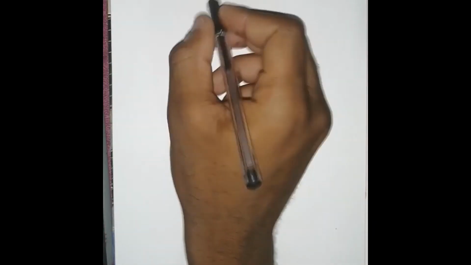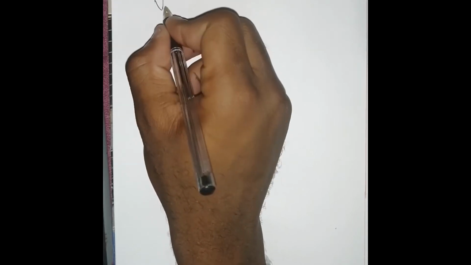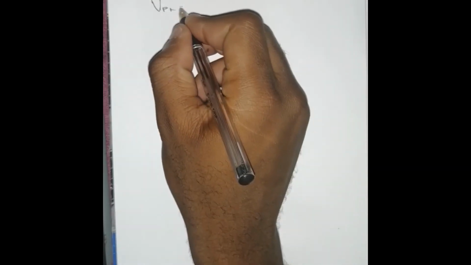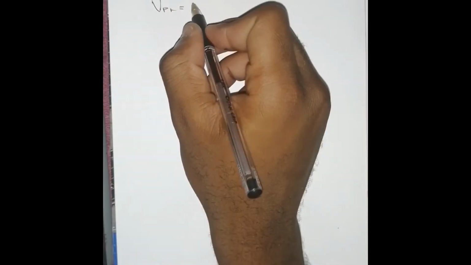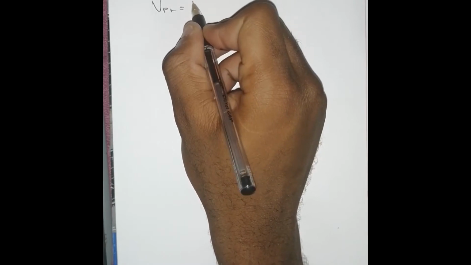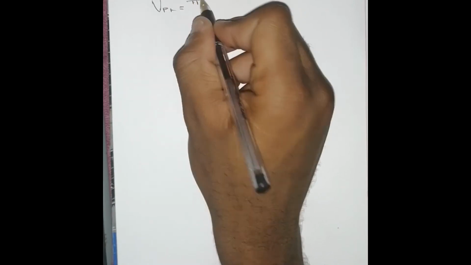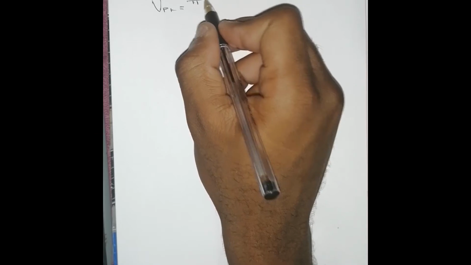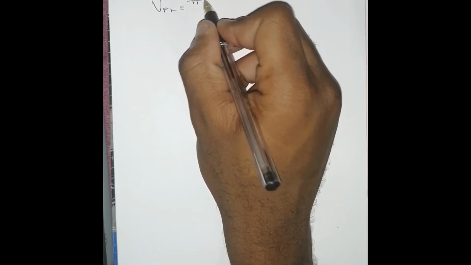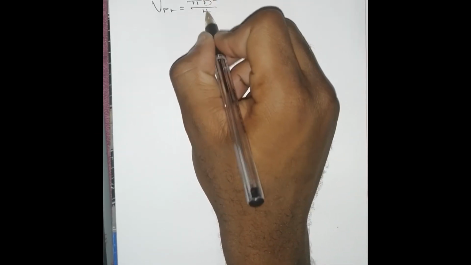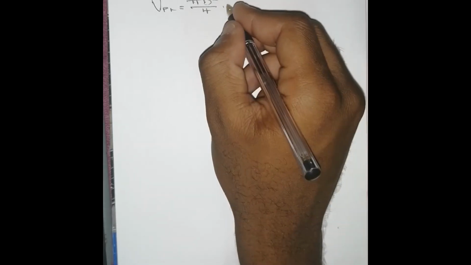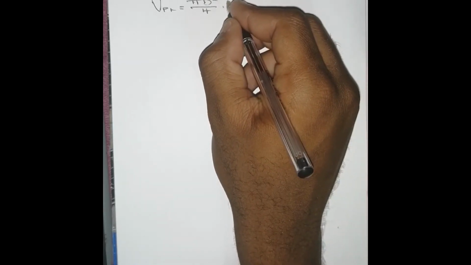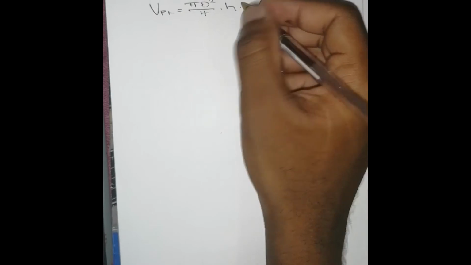So we know that the volume displaced by the plunger for each stroke is going to be pi d squared over 4 times the stroke length, which we can say is h in this case.